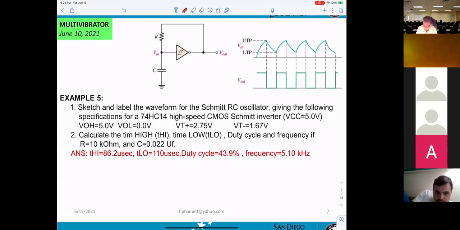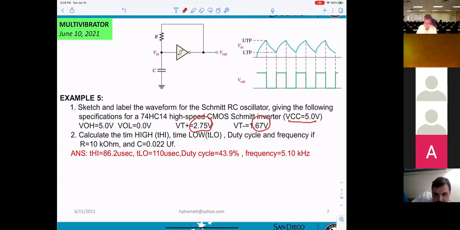And they give the following specification for the Schmitt inverter: VCC 5 volt, V out high 5 volt, V out low 0 volt, VT plus 2.75 and VT minus 1.67.